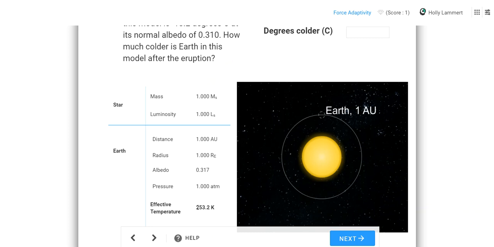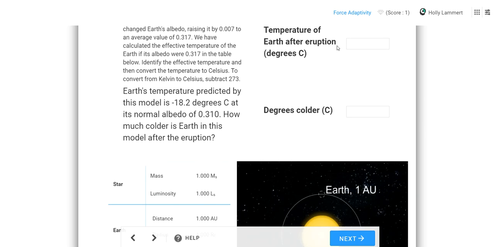Okay, so first, two parts here. Subtracting out 273, the difference there is about 20 minus 0.2, so that's 19.8, at a negative. And so how many degrees colder is that? What's the difference here between 19.8 and 18.2? 1.6.